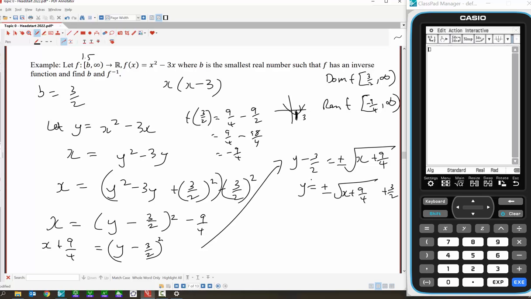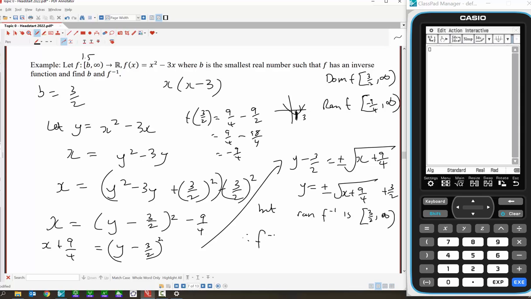Okay, so now what we've got is a top half and a bottom half of a root function. Now, which one are we going to take? Well, I know that the range of the inverse is going to be the domain of the original, which is 3 on 2 to positive infinity. That means it's a top half. So we'll say, but the range of the inverse is 3 on 2 to positive infinity.